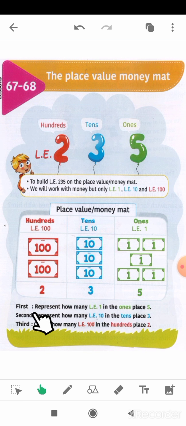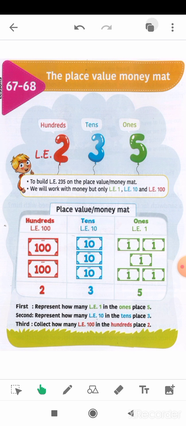First, this represents how many 1 pounds in the ones place. It's 5. Second represents how many 10 pounds in the tens place. It's 3. Third, calculate how many 100 pounds in the hundreds place. 2. We have 2 here.